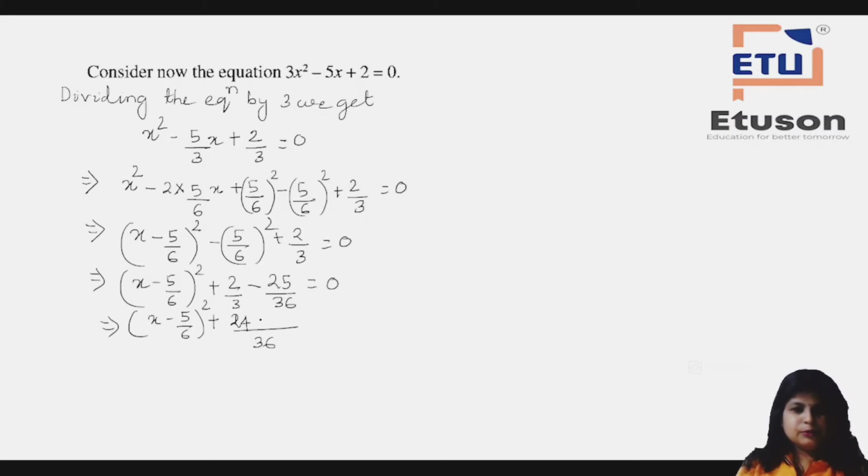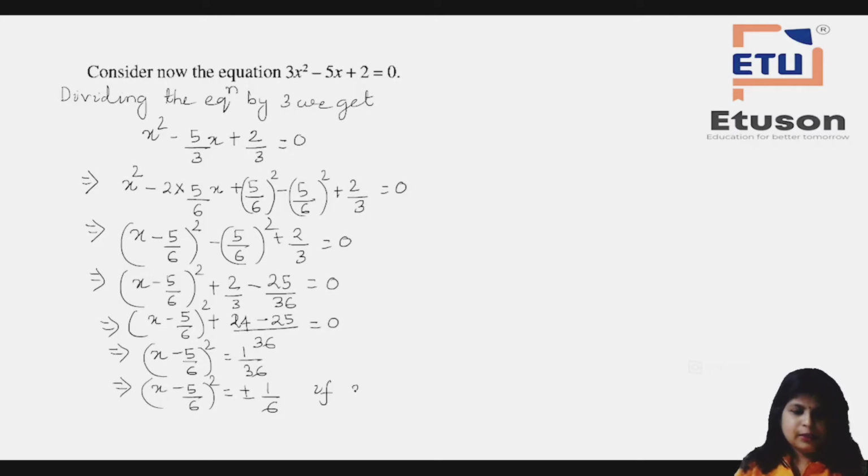Okay, 12 into 2, 24, minus 25 is equal to 0. So you will get x minus 5 by 6 whole square is equal to 1 divided by 36. So x minus 5 by 6 will be plus or minus 1 by 6.